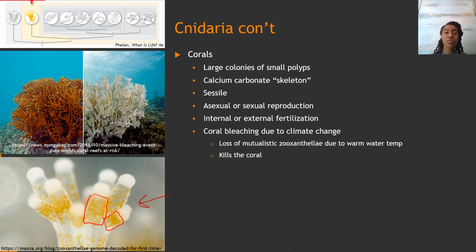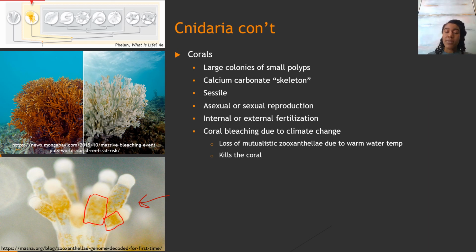Those protists are responsible for undergoing photosynthesis. The polyp benefits because it can consume the carbohydrates they produce and use them to survive. And the zooxanthellae benefit because they get protection from other organisms that want to eat them, and they also get a nice, safe place to undergo photosynthesis, right?